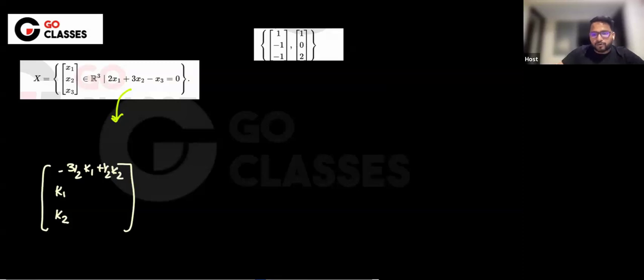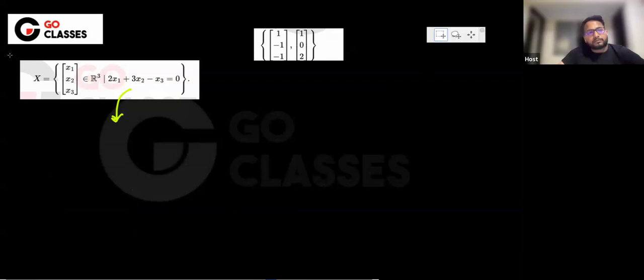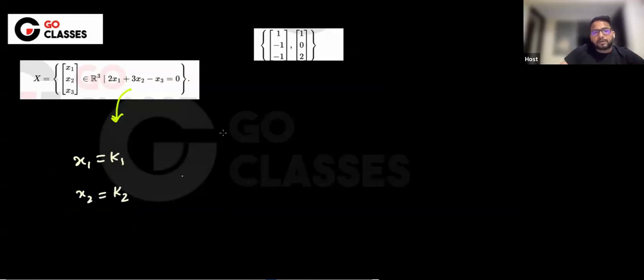That is up to you, which you are making k1 and k2. If x1 is k1 and x2 is k2, then x3 will be 2k1 plus 3k2. So the vectors will look like this.